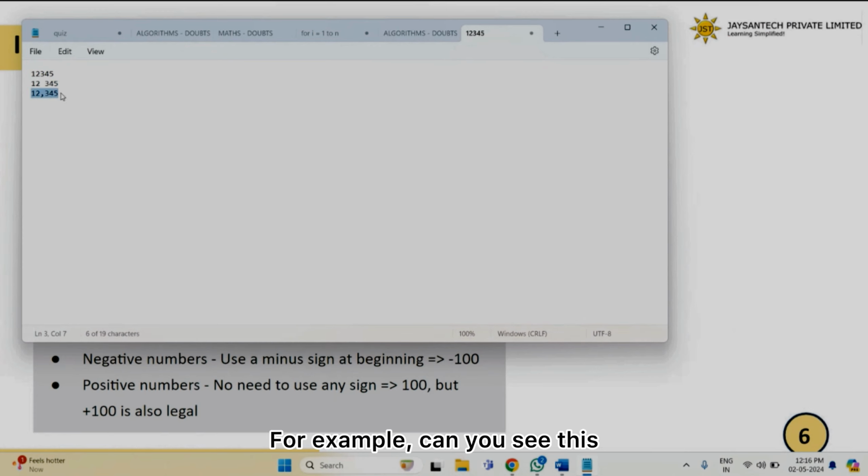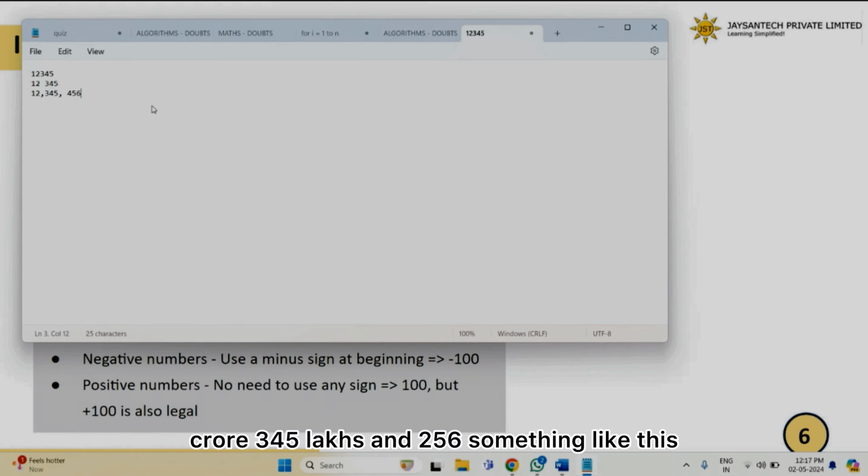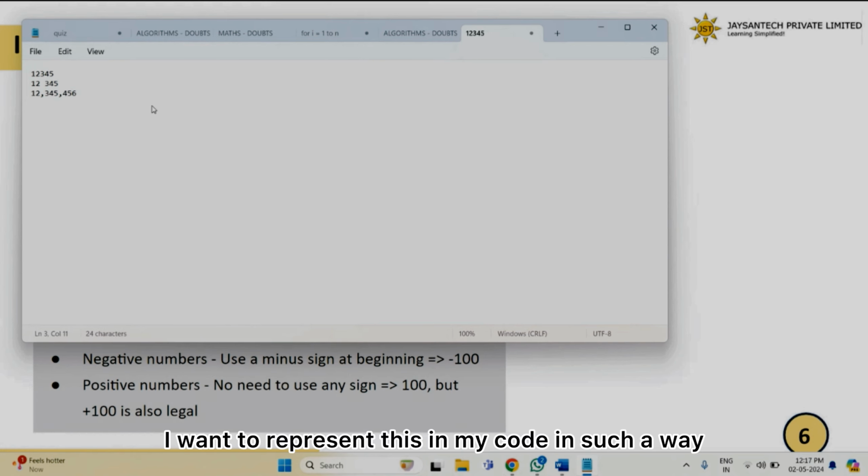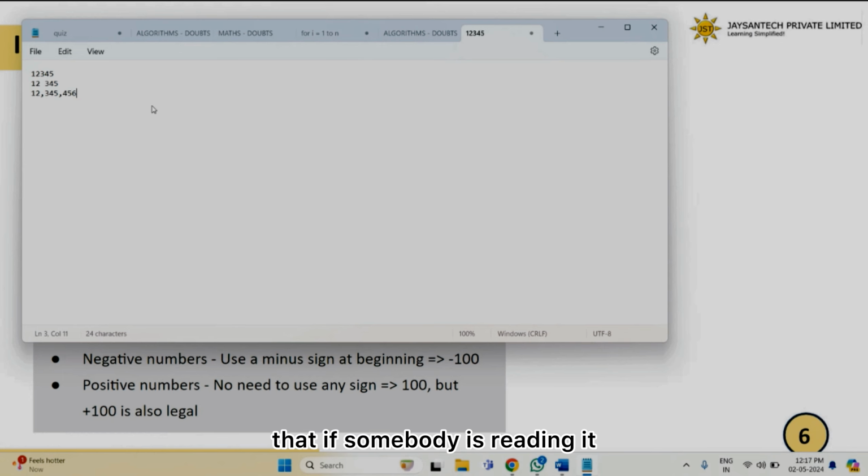For example, you're able to see my notepad, right? Yes, ma'am. Say I have a very big number, 12 crore 345 lakhs and 456. I want to represent this in my code so that if somebody is reading it, they'll know there are so many lakhs and crores in it.